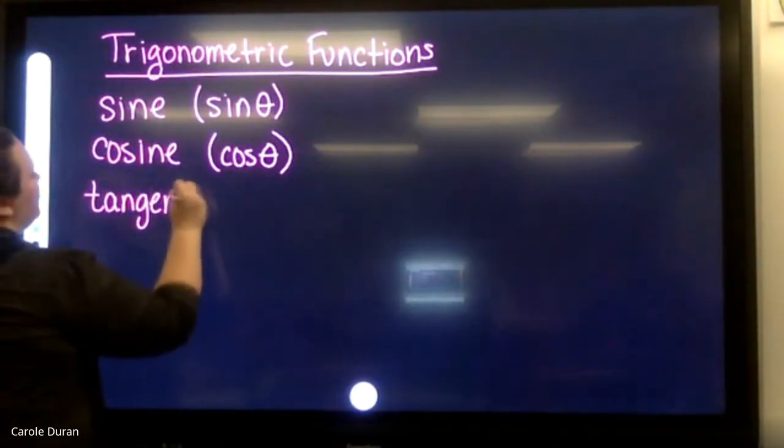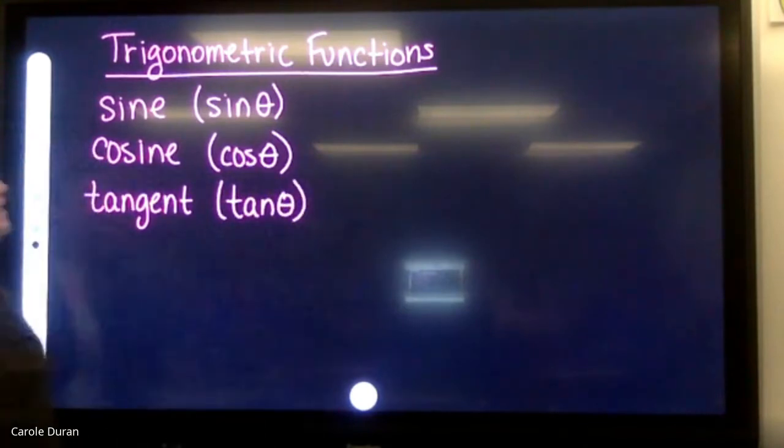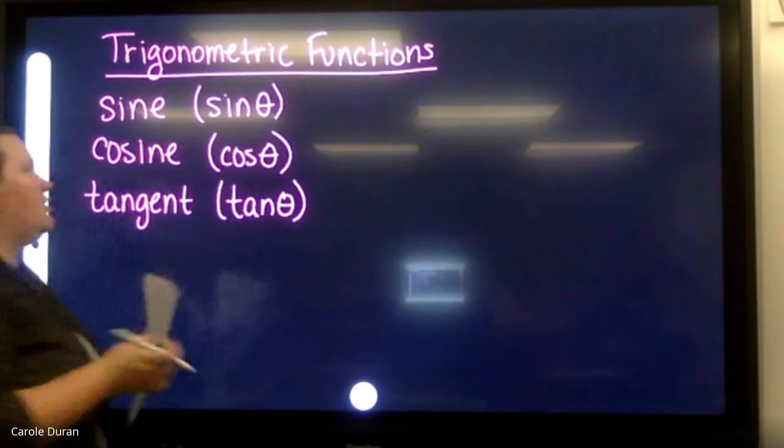Okay, and then tangent, which is tan, and then the theta. We could always use an x, but theta works better because we use variables other places. So these are the three basic trig functions. There are three more that you maybe did not learn in geometry.